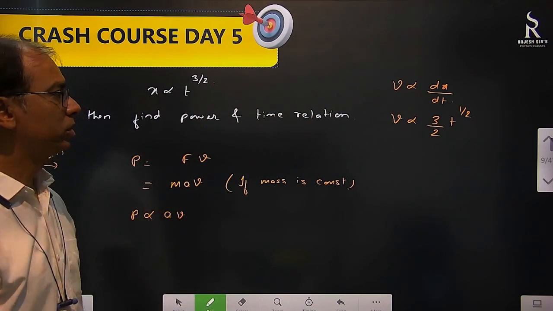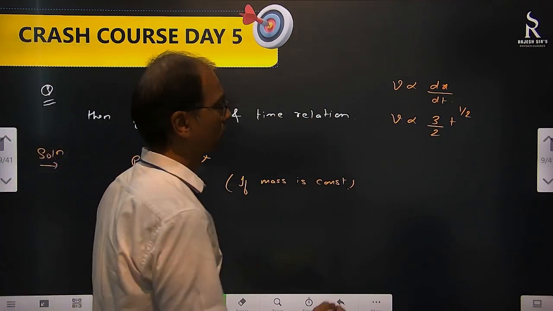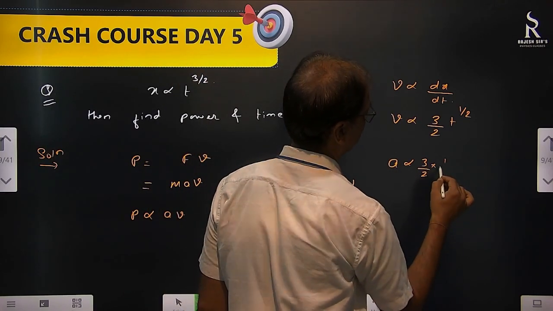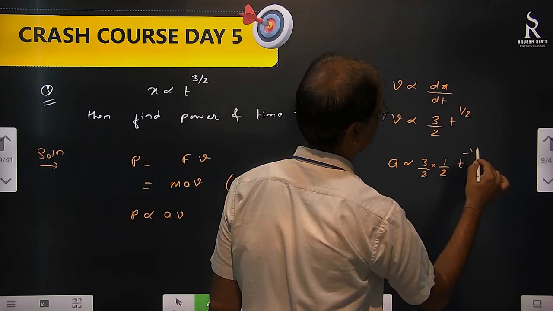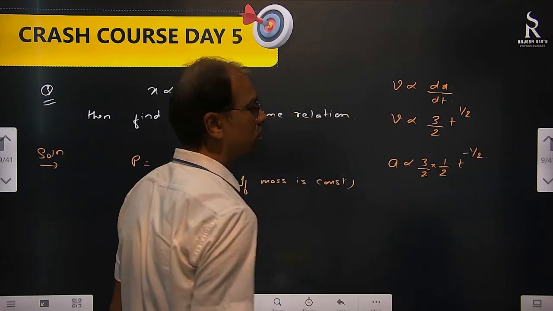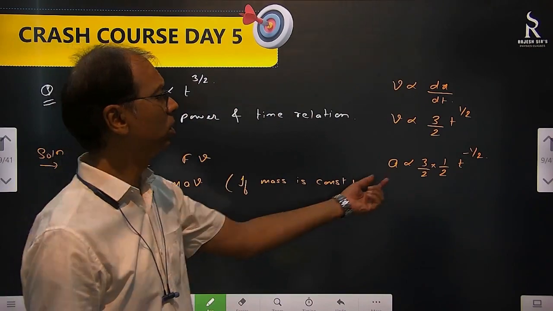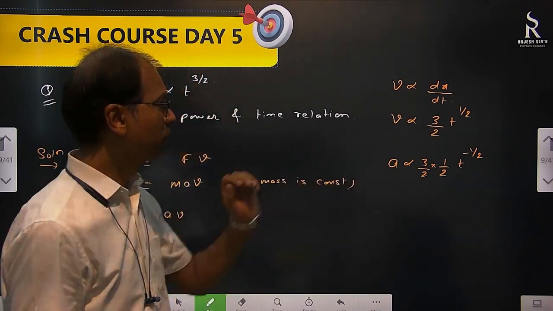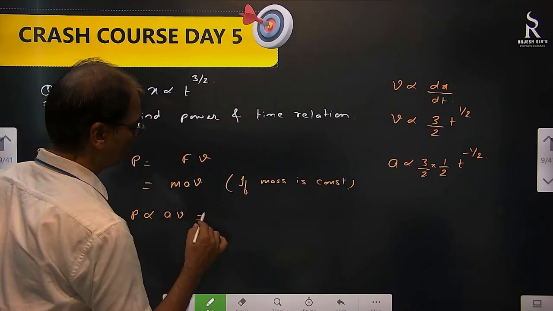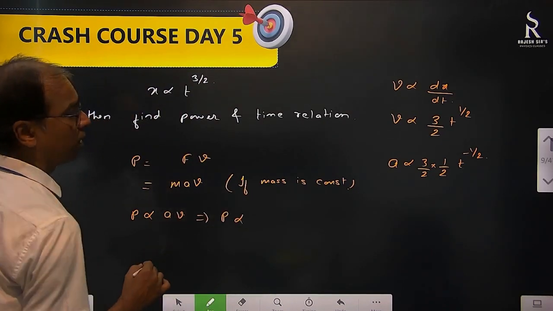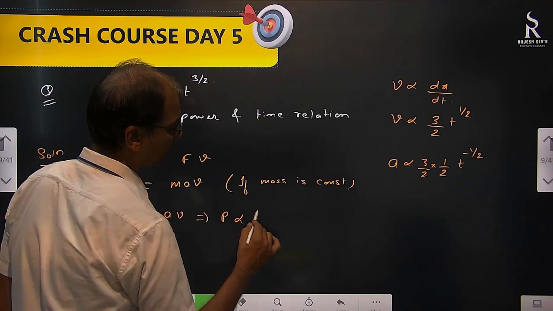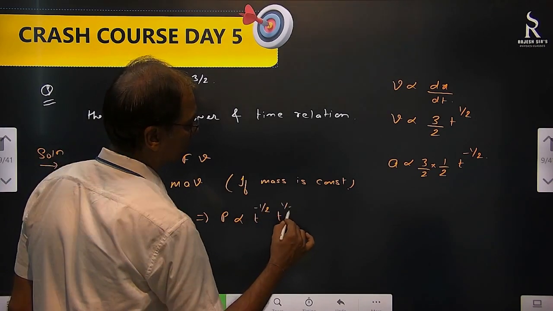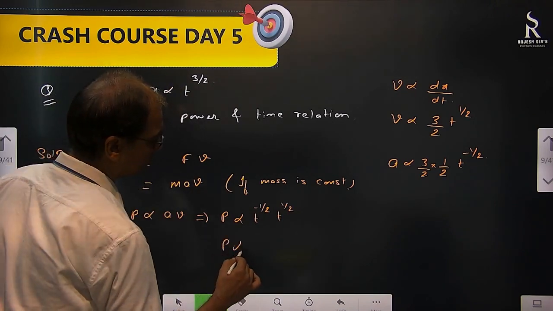Now acceleration also is there. One more differentiation: the acceleration will be 3 by 2 as it is, then 1 by 2 t to the power minus 1 by 2. These are constants, we don't want them. We want the relation of power with time. So P is proportional to A into V, with A as t to the power minus half and V as t to the power half. So P is proportional to t to the power 0.